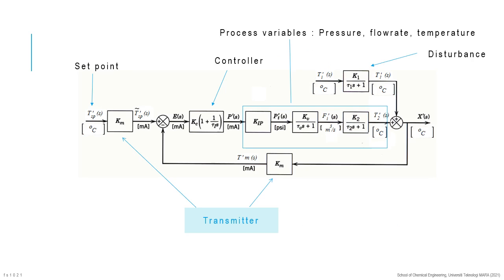The figure shows the general process control loop for a feedback controller. All elements that should be available in a process control loop can be clearly seen here: the sensor transmitter combination, the controller, the set point, the process variable, and also the process disturbance.